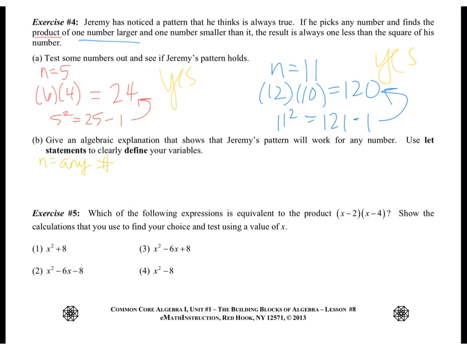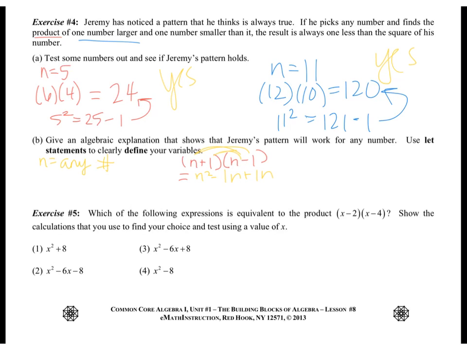so we take n plus 1, because it's one number larger, times one number smaller. If I were to multiply this through, you would end up with n times n, which is n squared, n times negative 1, which is negative 1n, and 1 times n, which is positive 1n.